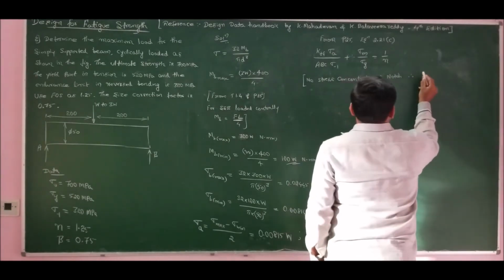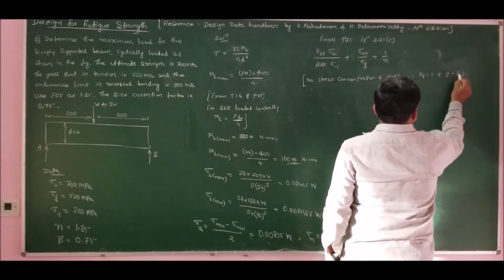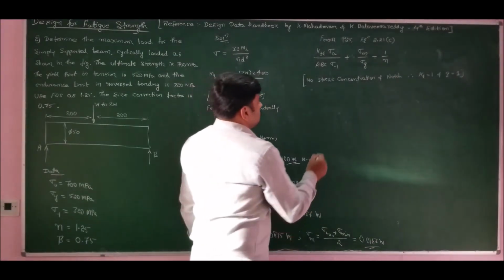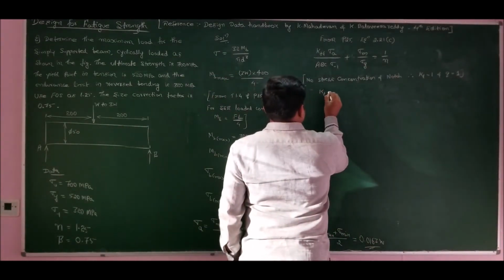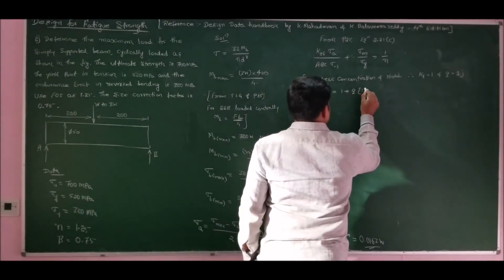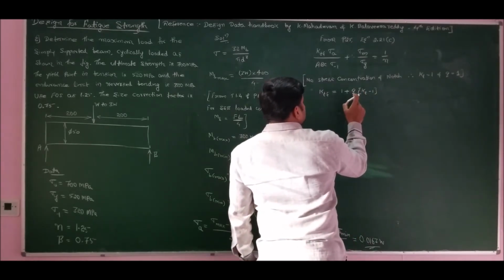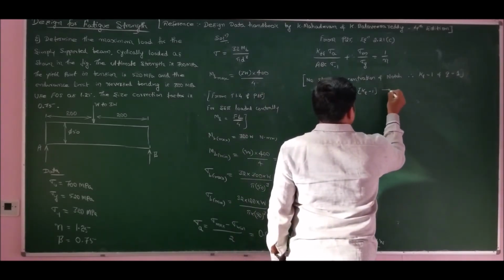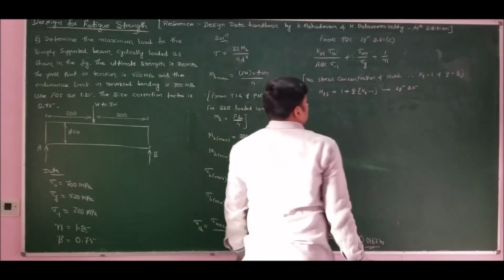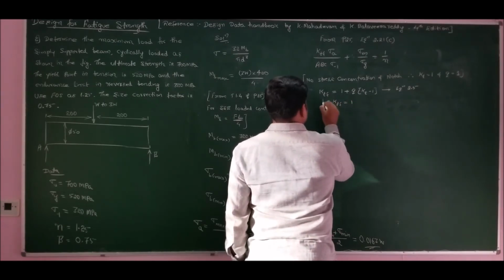Therefore, you can take KT is equal to 1 and Q also is equal to 1. If I take KT is equal to 1 and Q is equal to 1, then we know the formula of fatigue stress concentration factor is given by 1 plus Q of KT minus 1. So 1 minus 1 is 0, 0 into 1 is 0, 0 plus 1 is 1. So this is from equation 2.5 of our design data handbook. So therefore, fatigue stress concentration factor is also unity.